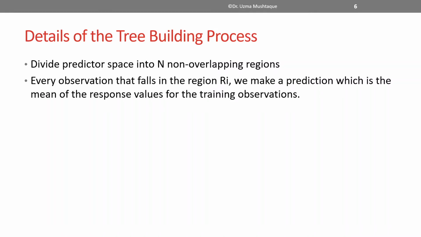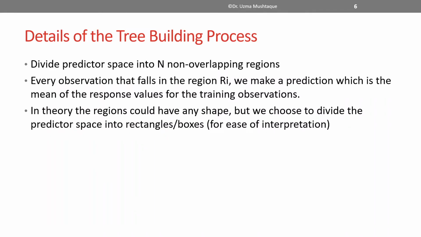So we cannot have such overlapping regions. And then every observation that falls in a given region, let's say R_i, we make the prediction based on the mean of the response values of the training observations. So when I write the mathematical equation, maybe that will make things clear. My goal is to minimize the sum of squares for every box or every rectangle. So let's say I have regions from 1 to N, or N rectangles.